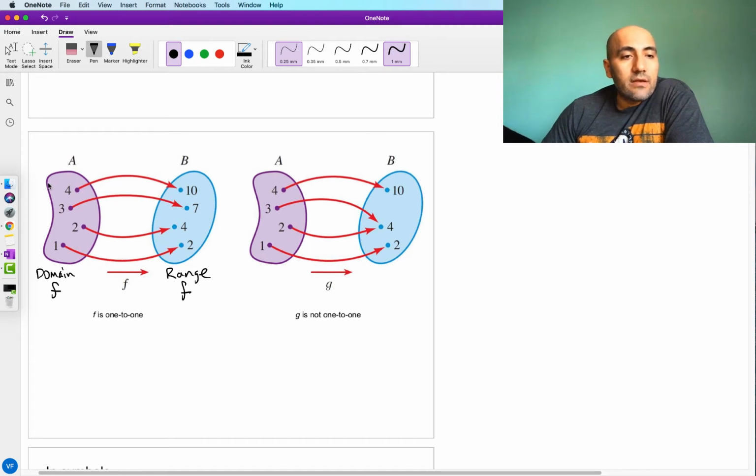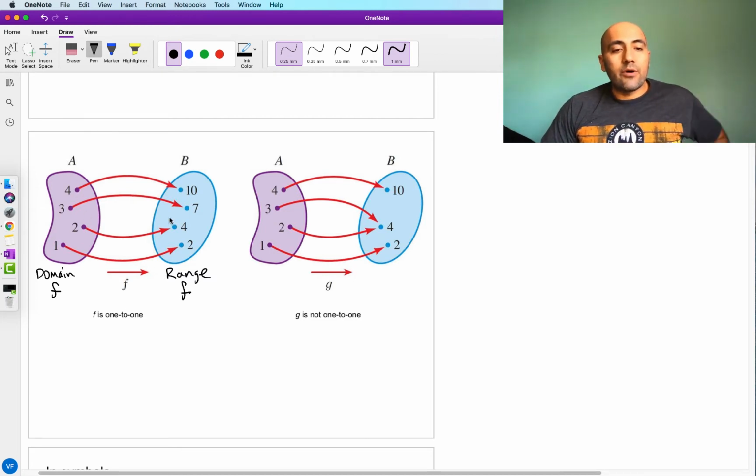We could have names of students in my class and then letter grades, and then I just connect them. That could be my function. But typically we deal with cases where we have numbers, and where the rule of how to go from the domain to the range is some sort of consistent equation that can be applied to the input, right? Some sort of input-output situation.